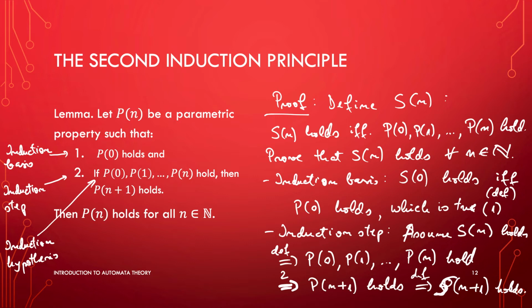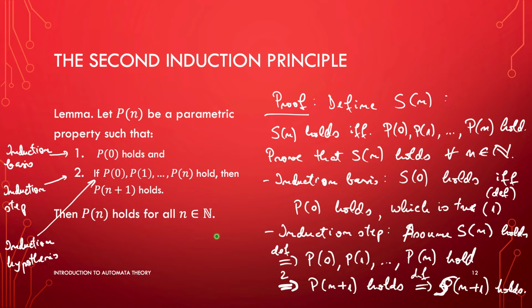And so now we can apply the induction principle for property S and conclude that the property S holds for all natural numbers n, and as we have discussed, this implies right away that P of n holds for all natural numbers n, and that establishes our result.